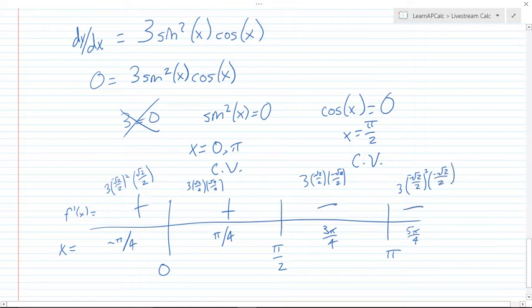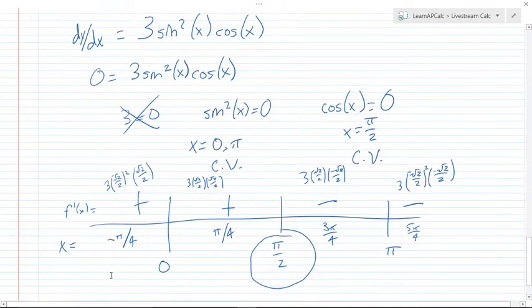So our only real critical value is here. Because here we're going from decreasing to decreasing at pi. Or that would be increasing to increasing. But you can see that pi over 2 is our only real relative extrema.